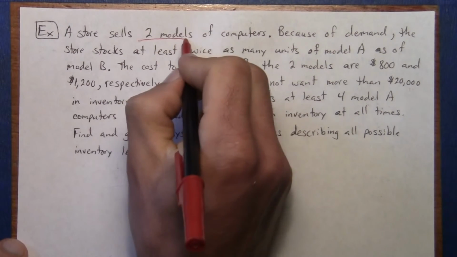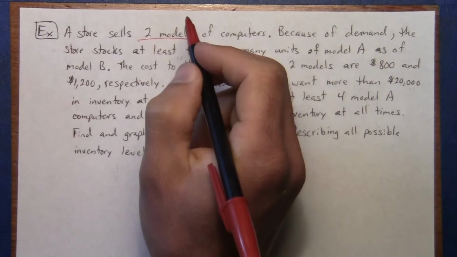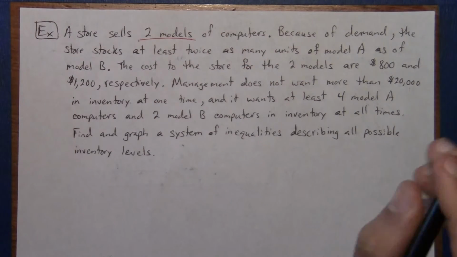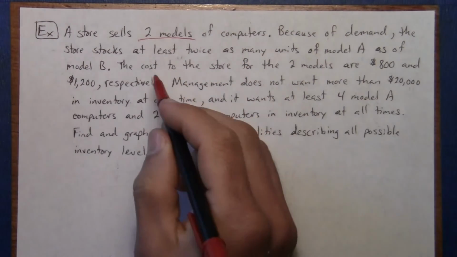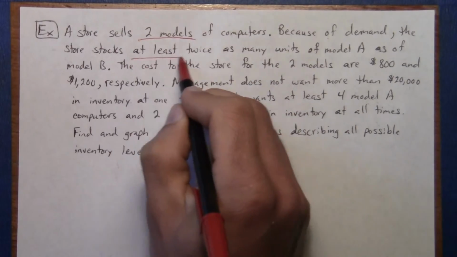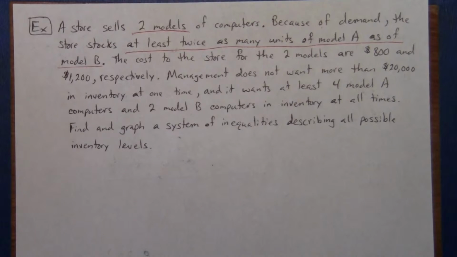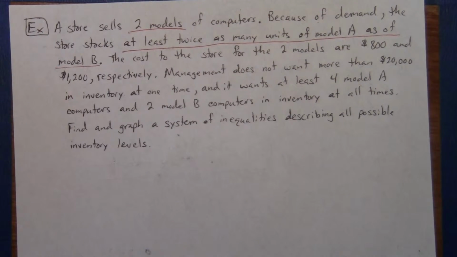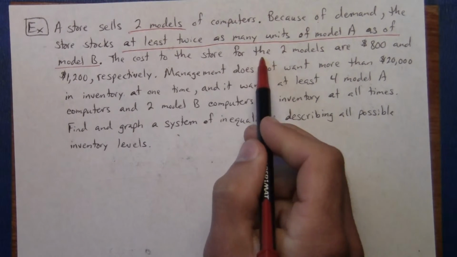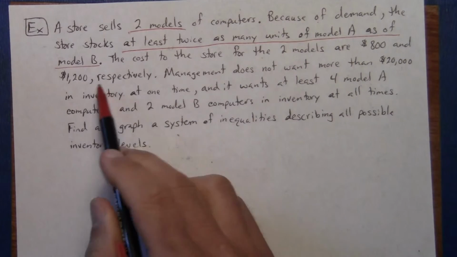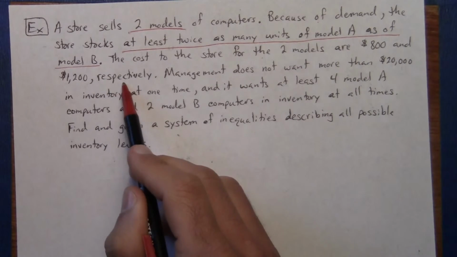A store has two models. That's important because I know I have two models. I know I should have two equations, two variables. Because of the demand, I want to have at least twice as many units of model A as model B. That's going to be something I'm going to have an inequality for. The cost to the store for the two models are $800 and $1,200 respectively.